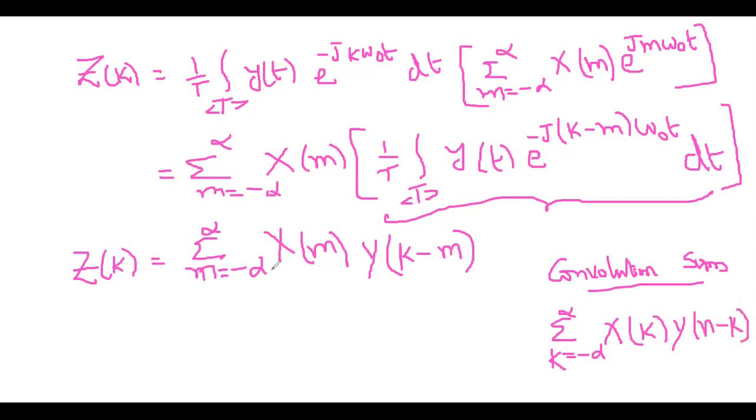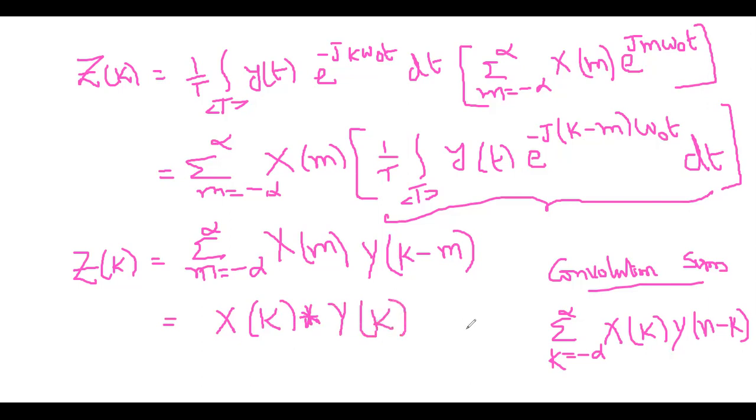See, after these two equations, instead of k, here the m. X of k, y of n minus k, and here the m. Instead of k, n, here the k value. Both are the same. So what is the relation for these two equations? The relation is x of k with the convolution of y of k.